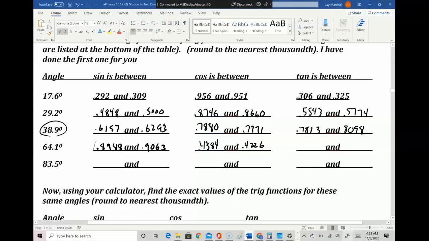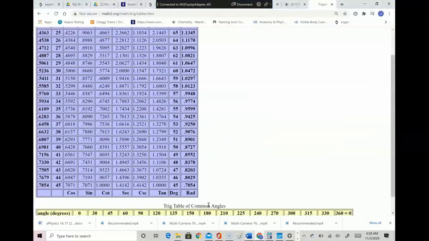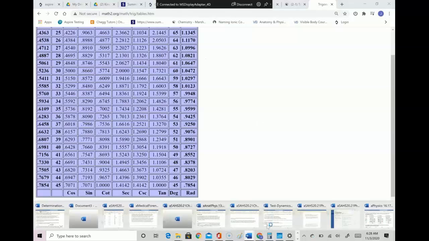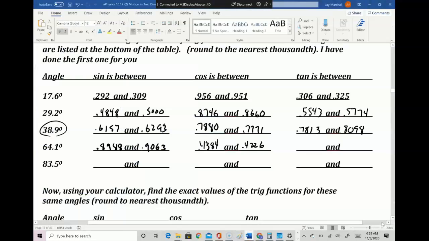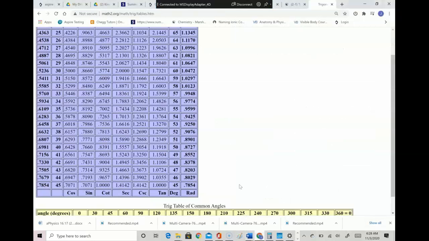And now my tangent should be over 1, since the angle's over 45 degrees. Here's the tangent right here for this other side, and you can see it's between 2.0503 and 2.1445.